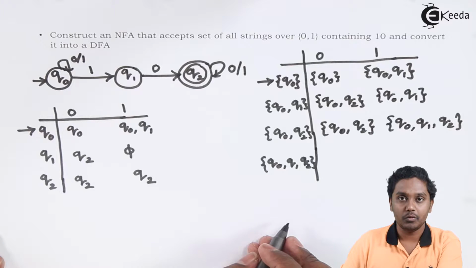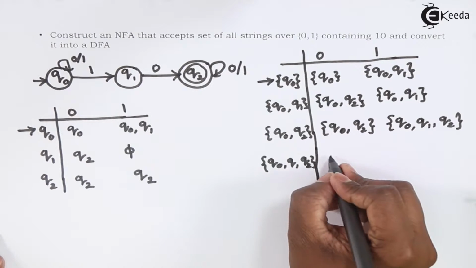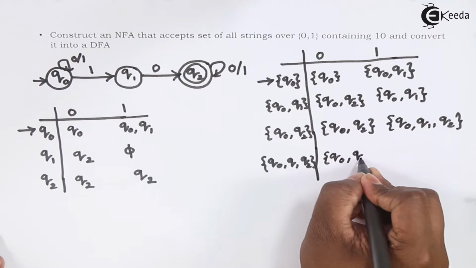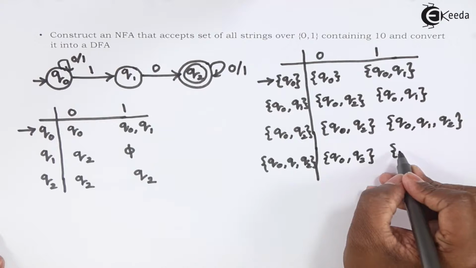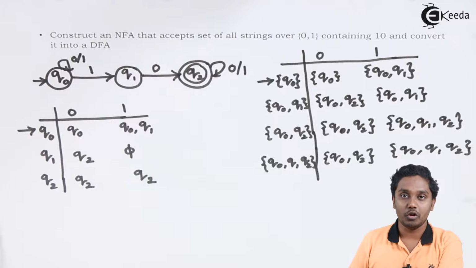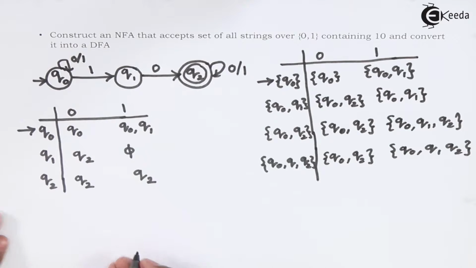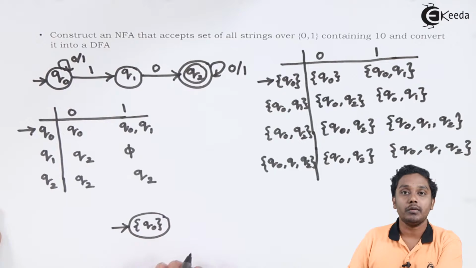We will combine the rows of these states to get the given DFA row. Let us try to draw the DFA. Q0 is the initial state.